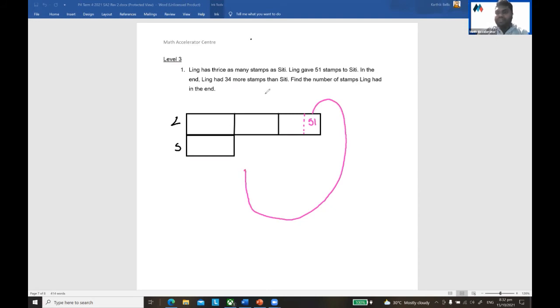When you're drawing a model like this, make sure you go around. Please don't do it like that, because later you need to draw some parts here, so you need space over here.